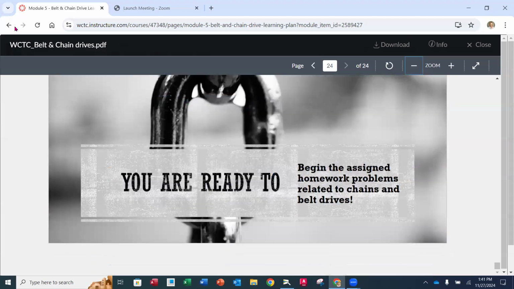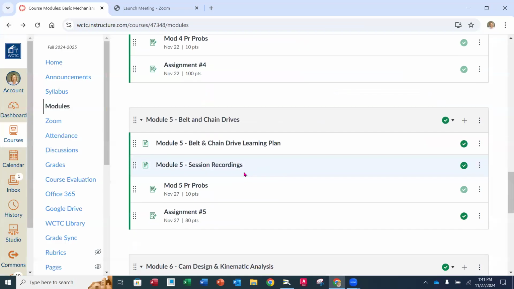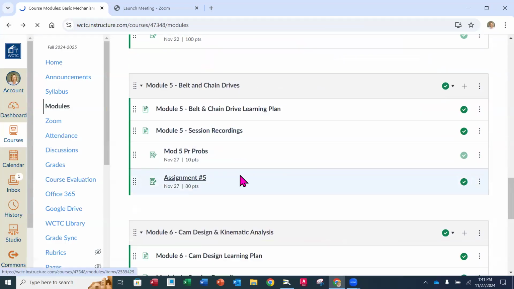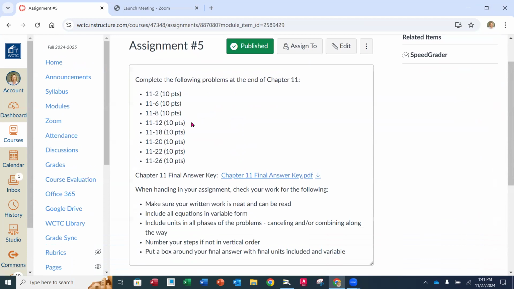You're ready to do what we need to do. I'm going to go back to assignment number 5. And like we had looked at last time, the first 4 problems dealt with belts. We went over those in detail the last time we were together on the first lecture. And now we've got these last 4 problems that you need to complete that deal with chains.